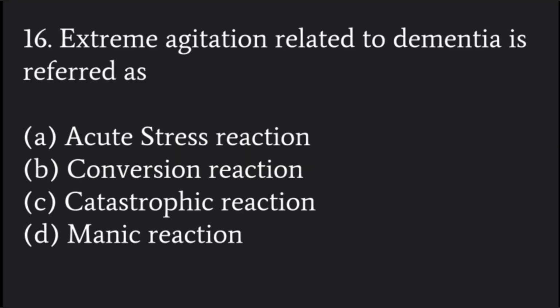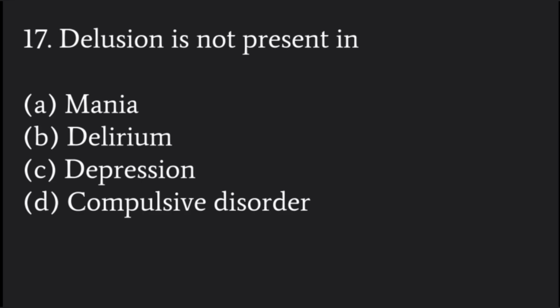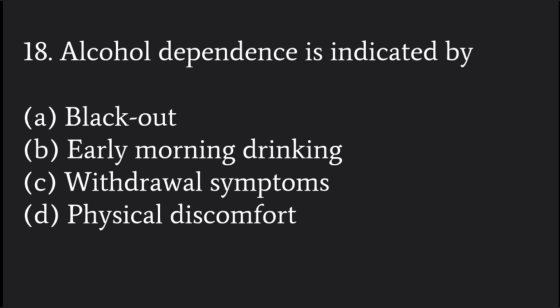Extreme agitation related to dementia is referred to as acute stress reaction, conversion reaction, catastrophic reaction, or manic reaction. See, extreme agitation related to dementia is catastrophic reaction. Delusion is present in mania, delirium, depression, or compulsive disorder. It happens in compulsive disorder.